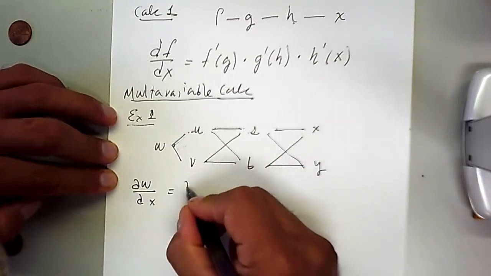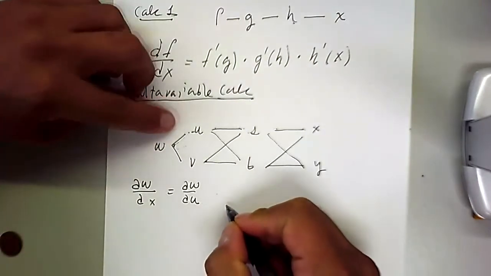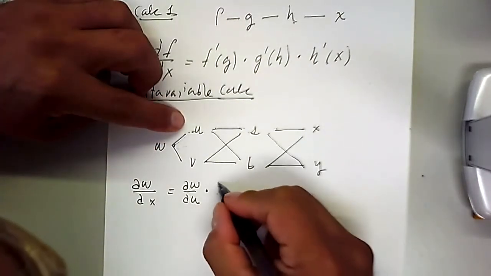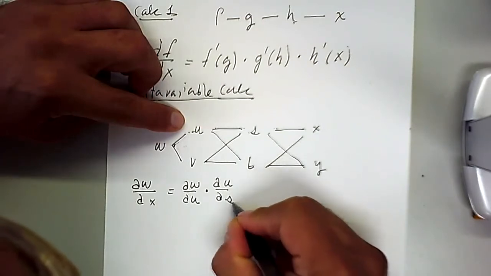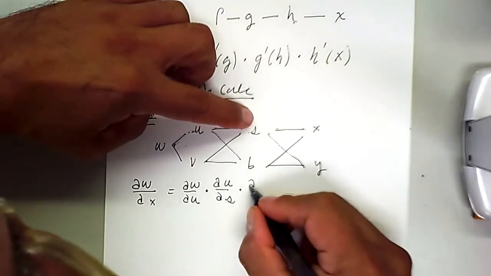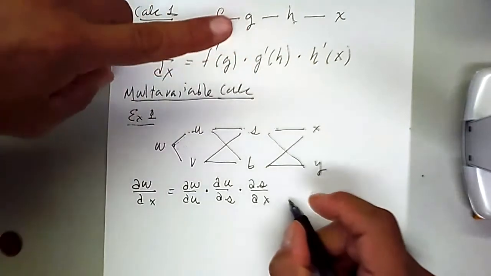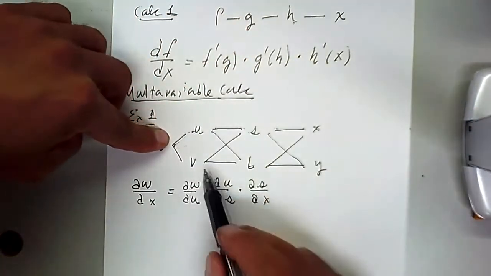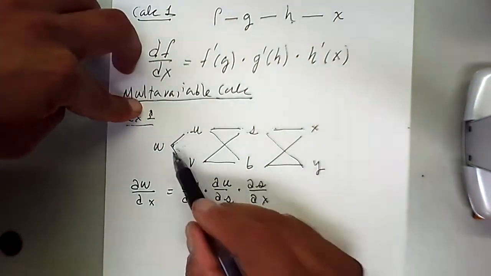So we do the partial of w with respect to u. Then we multiply by the partial of u with respect to s, and then we multiply with the partial of s with respect to x. That's just one term, and we're going to do this for each one of the paths to go from w to x.